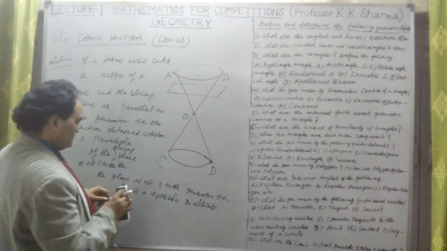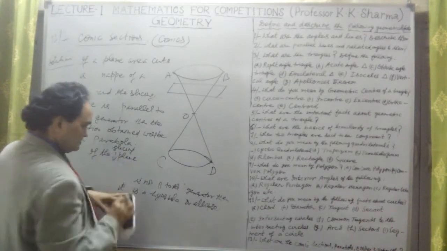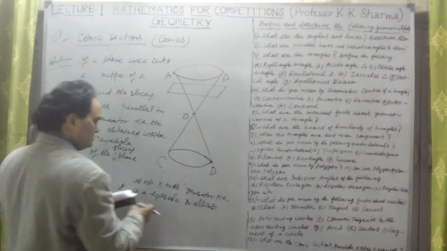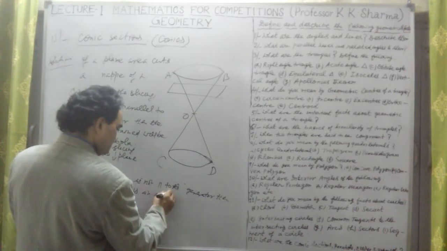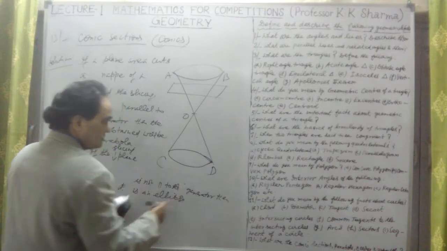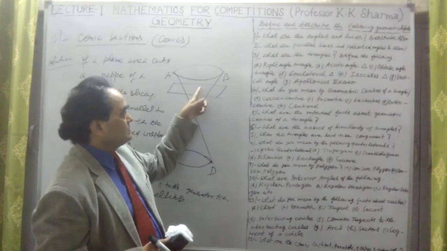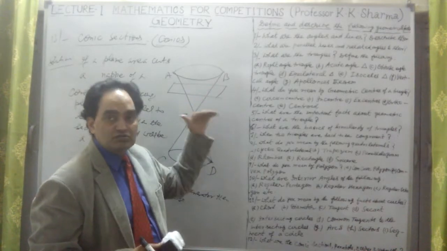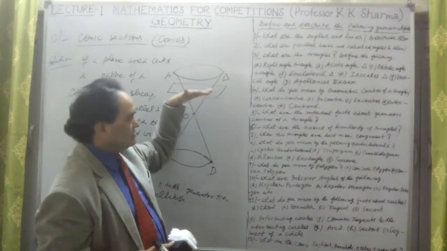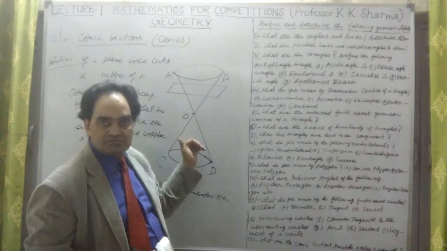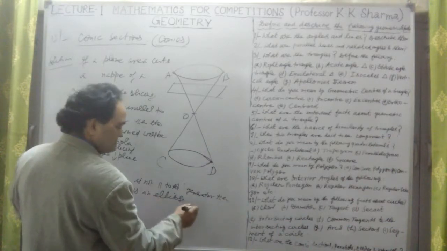If the slicing plane is not parallel to the generator, then it is an ellipse. If it is parallel, cutting only one nappe, parabola. If this slicing plane is not parallel to the generator, then it is forming an ellipse. Now if this is not parallel, no problem, but if it cuts both the nappes, then it will give us a hyperbola.